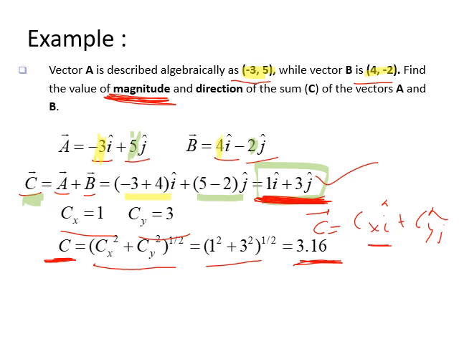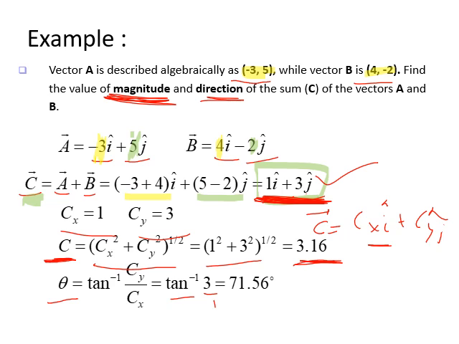And how are you going to get the direction of the vector? So direction is theta equals tangent inverse of Cy over Cx. So here tangent inverse of Cy, which is 3, divided by 1, and you will get the direction 71.56 degrees.